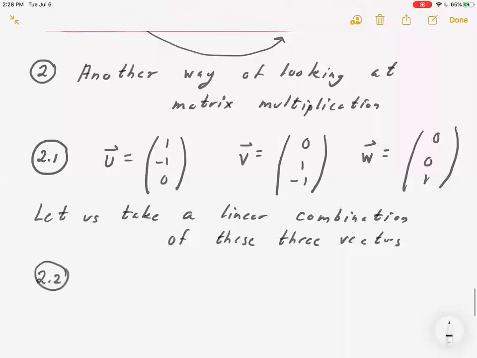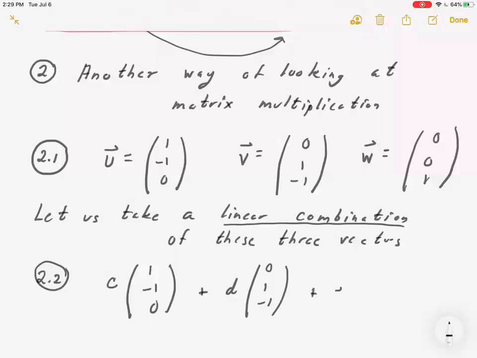We know what we mean by a linear equation, but I was referring here to a linear combination of vectors. If I take a scalar C and multiply it by a vector U, and add that to what I would get if I took a different scalar D and multiplied it by a different vector, in this case V, and then add that result to what I would get if I took another scalar E and multiplied it by a vector W, which is that in this case.